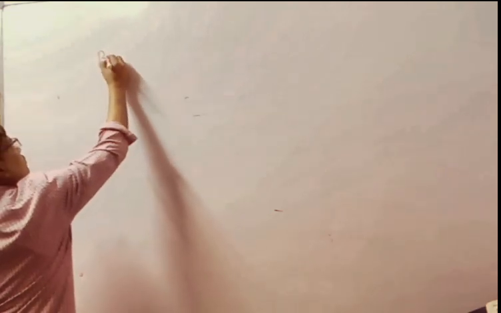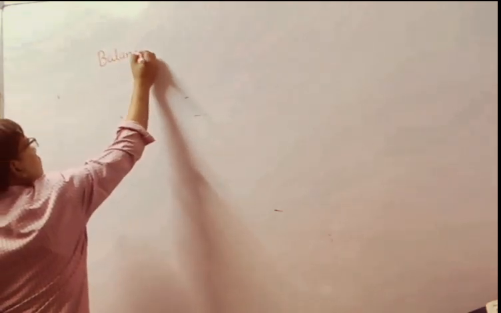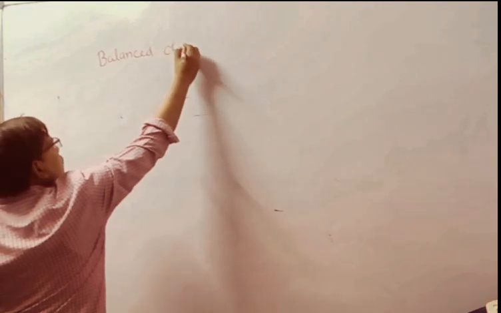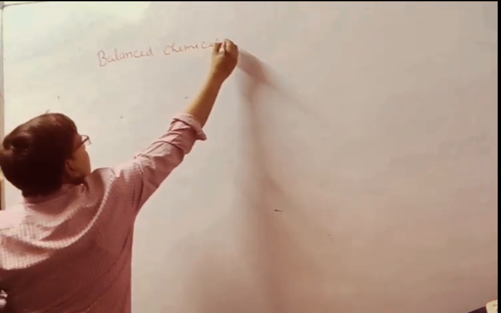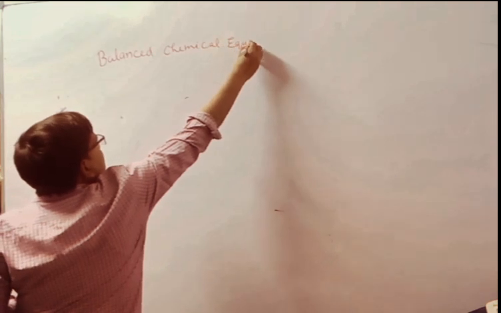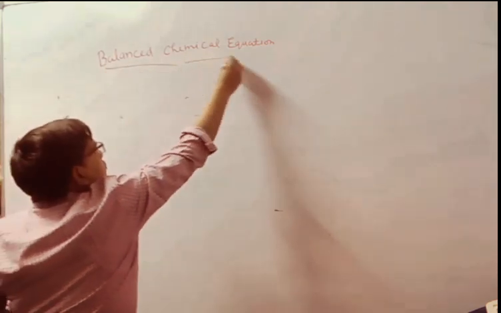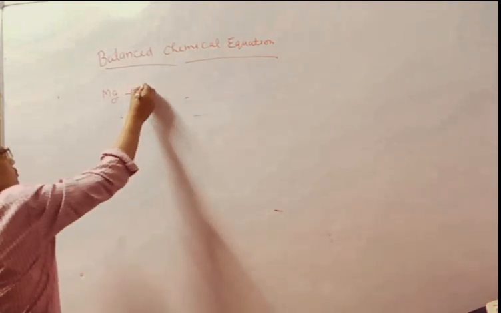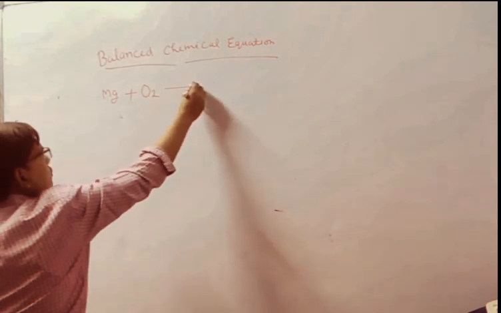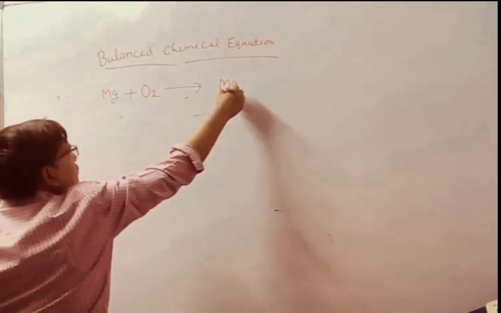Balanced chemical equations. If we take the example of the first one, magnesium plus O2, it forms magnesium oxide.